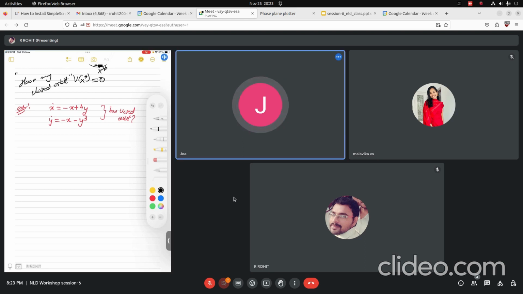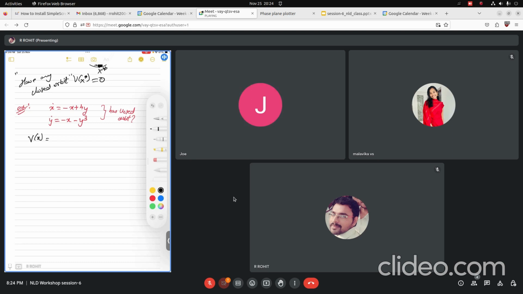Usually, the sum of squares is the simplest or easiest way that works for a Lyapunov function. It's not a derived one, it's the one that actually works for most systems, but it's not derived from any principles. So you can just take the sum of squares of the variables, say x square plus a y square, where a is the parameter to be chosen.